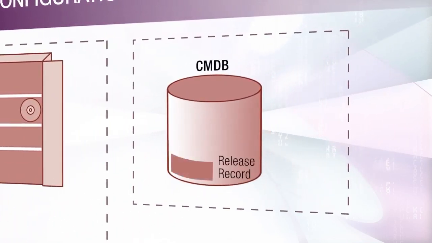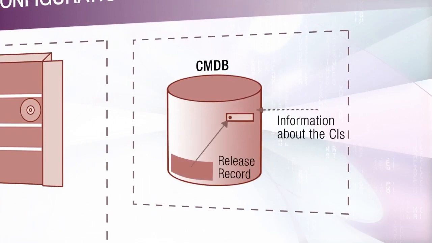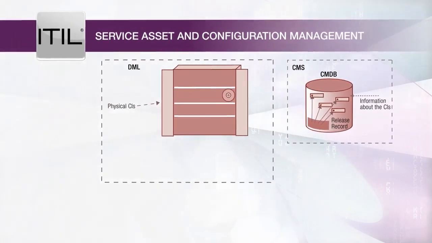Configuration records describe configuration items that are stored in the configuration management database. In hierarchical terms, a collection of attributes makes up a configuration item record. A collection of configuration records makes up a configuration management database. A collection of configuration management databases makes up a configuration management system.